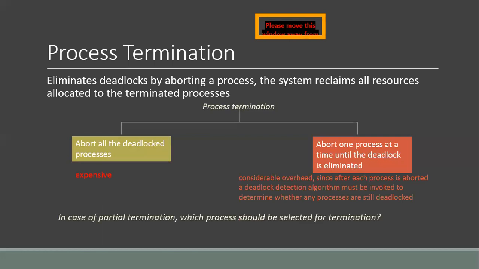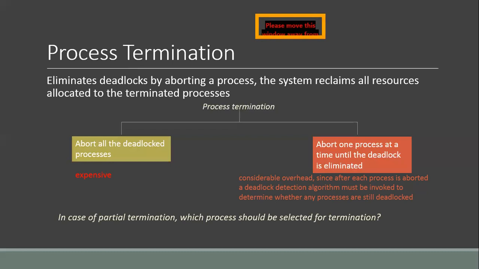In case of partial termination, that means if we choose to abort one process at a time, which processes should be selected for termination? Because there are a number of processes which might be in the deadlock state. So, who should be the victim?